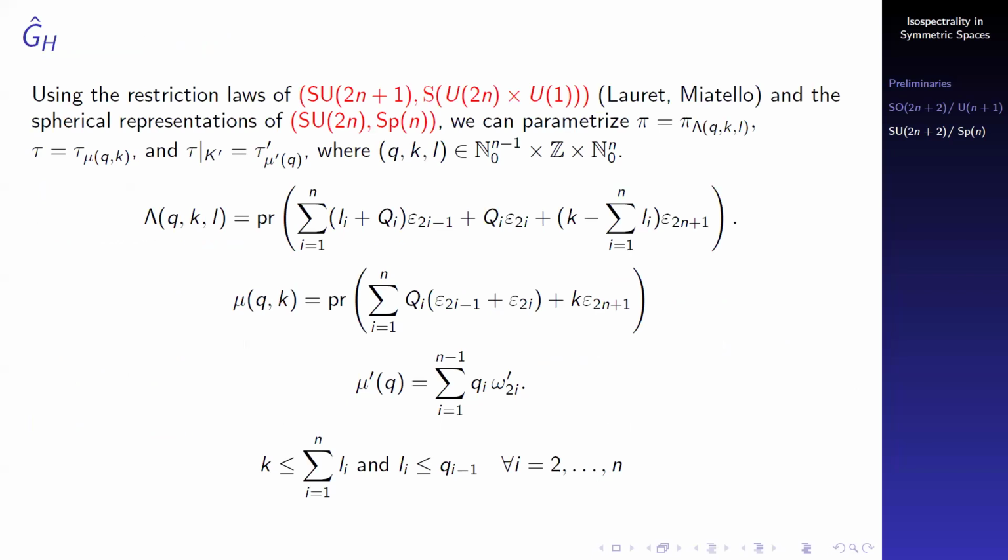So in this case, what we need to use is the restriction laws of this pair, which are very well described in a paper by Lauret and Miatello: SU(n+1), SU(n) times U1. And we need to use the representations of SU(n).